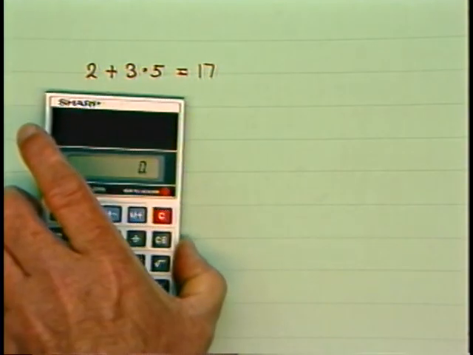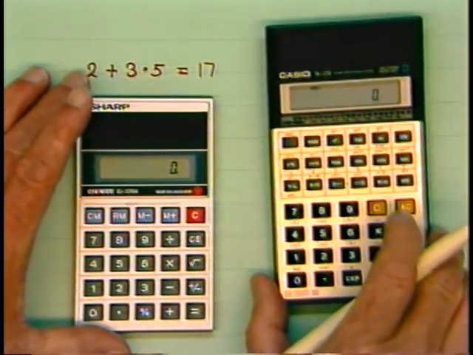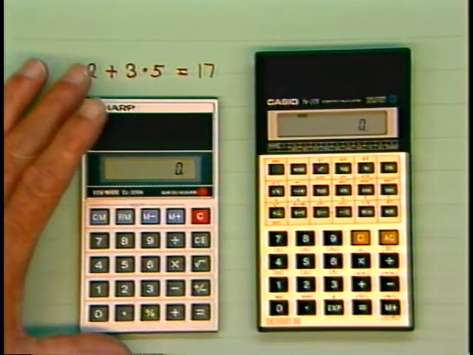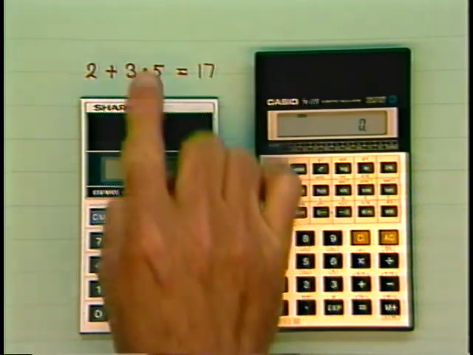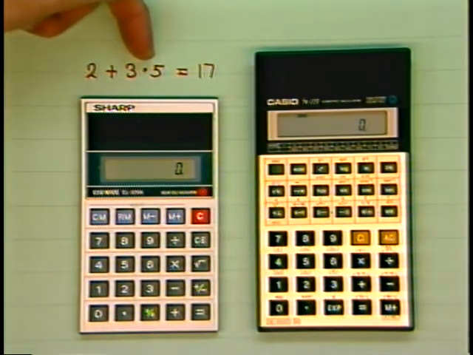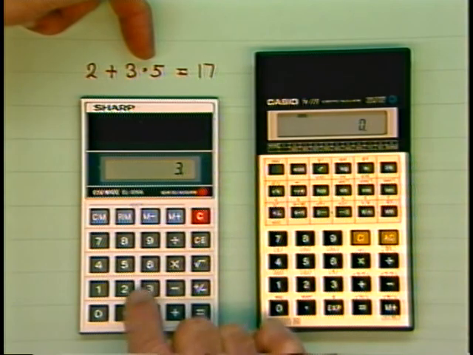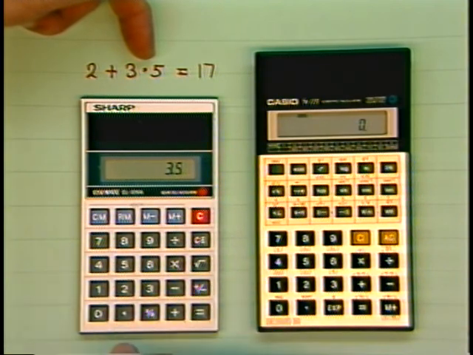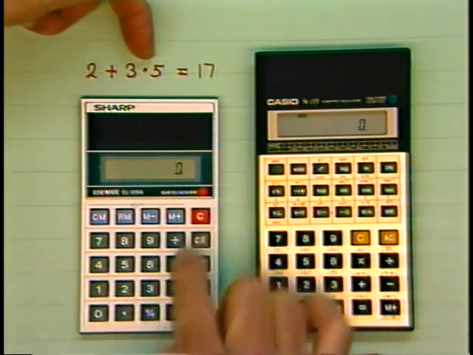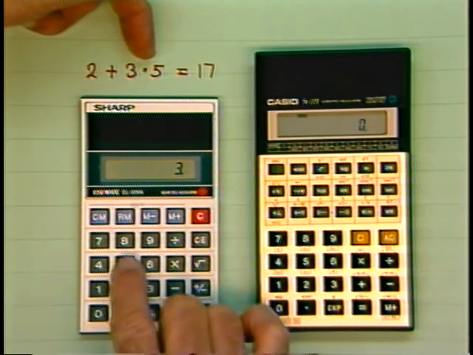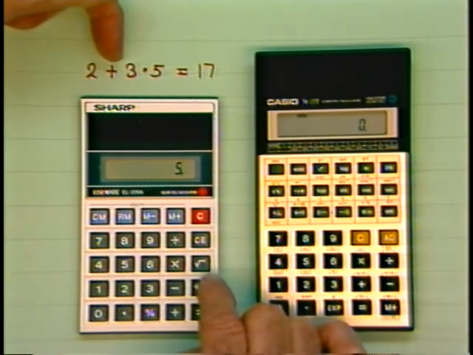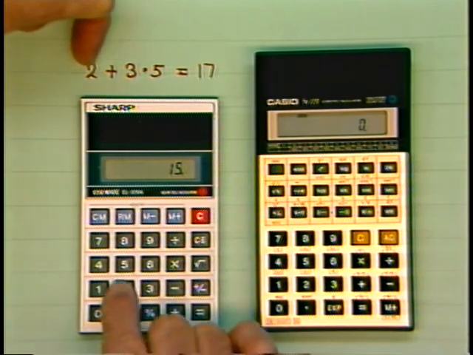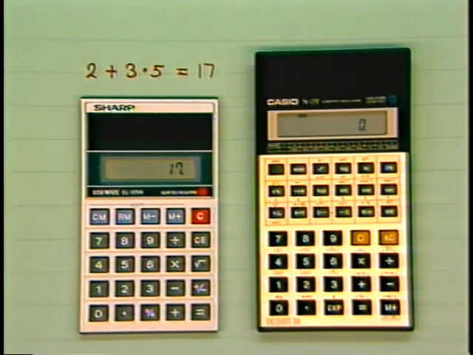Now on a calculator, if you were to do that problem, you have a choice. You could just do the order of operations as you know it. So I could say 3 times 5, then add the 2 to it. And of course you get 17.